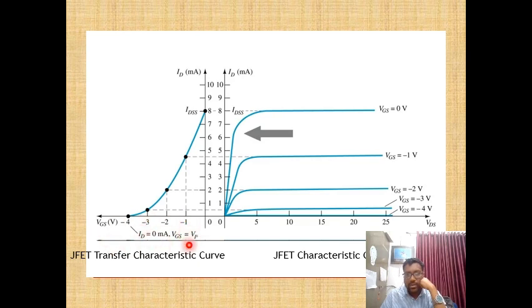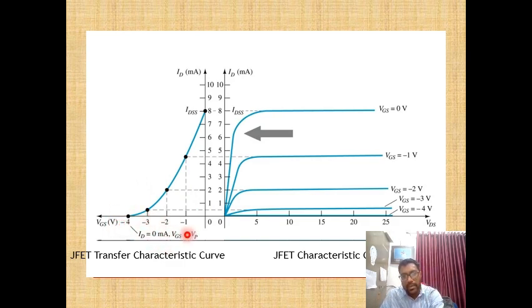So this is drawn at a specific value of VDS, because here there is no option of changing VDS. So for a different VDS we have to draw another transfer characteristic for that specific VDS value.